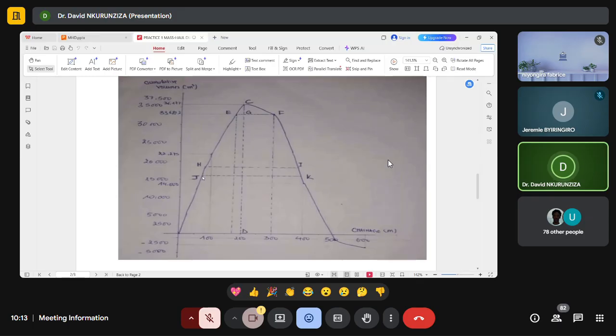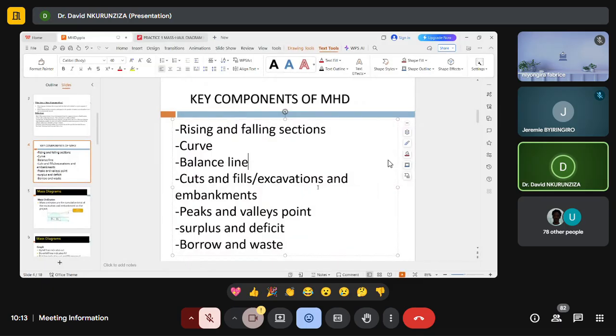So this will be cut, this will be fill. Cut and fill. So this balance line will be representing the points where we have equal volumes, one is a cut, another one is a fill.